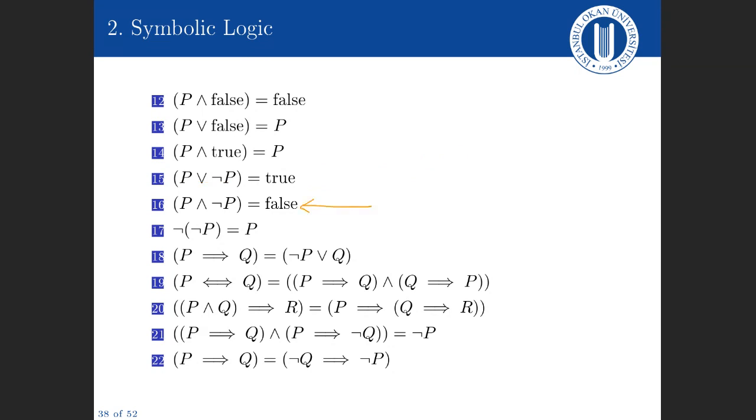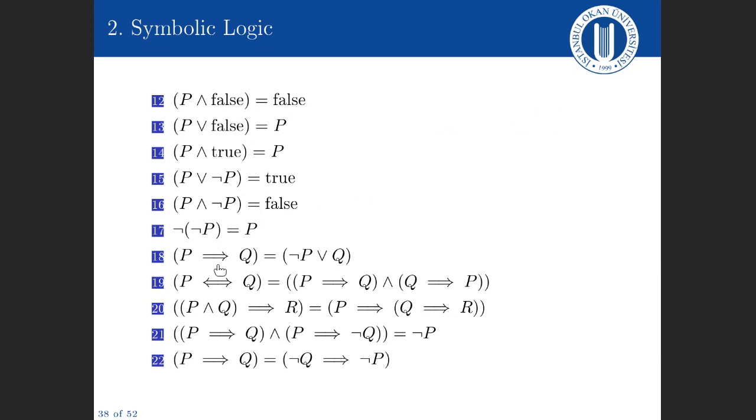And for the same reason, P and not P must be false, because at least one of the propositions on the left must always be false. Not not P is the same as P, same as with numbers, minus minus 3, of course, is equal to 3.